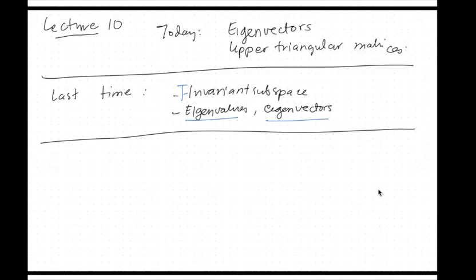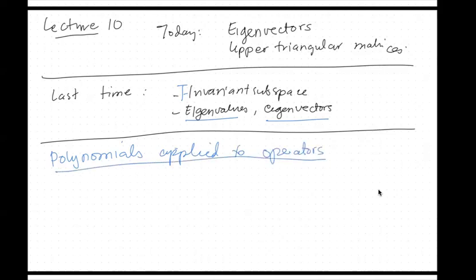Now we will start with polynomials applied to operators. So basically, operators, recall that an operator is just a linear map from our vector space to itself, and we denote this as L(V).